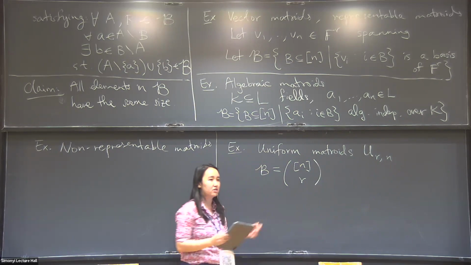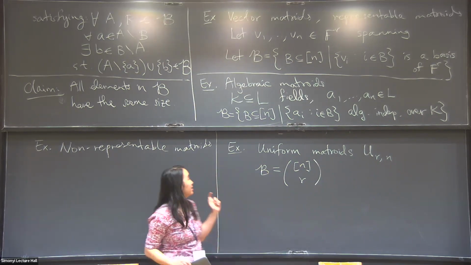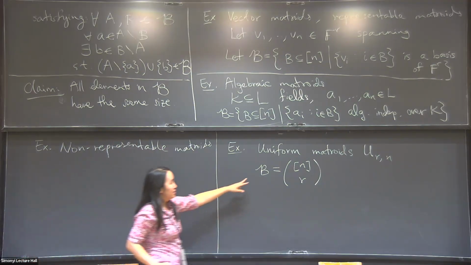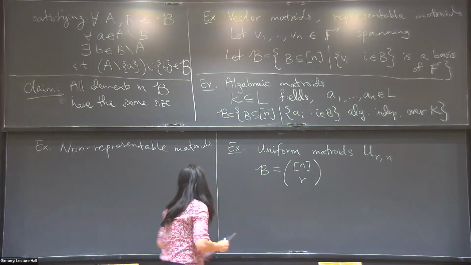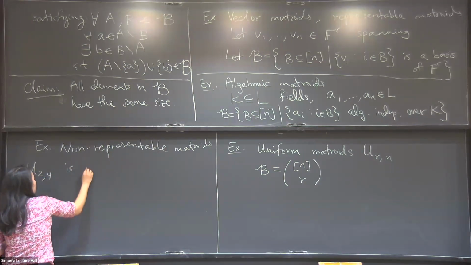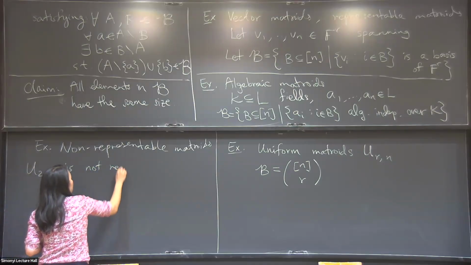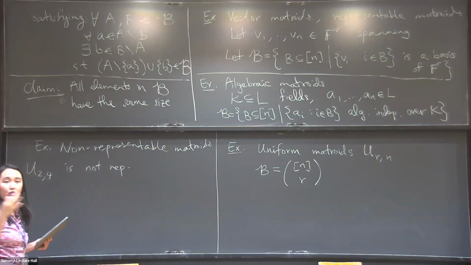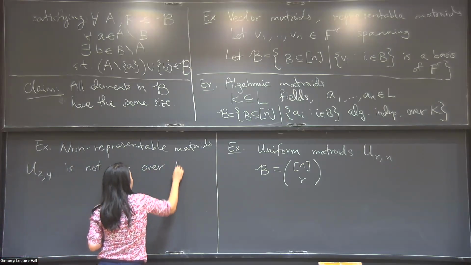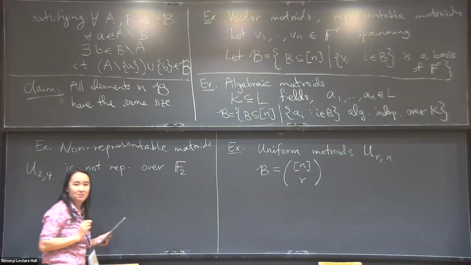This notation means all r-element subsets of n, and it's easy to check that this satisfies the axioms, right? This is called a uniform matroid. For example, U_{2,4} is not representable. Representability depends on your choice of field, right? A matroid can be representable over some field, but not another. It's not representable over F2.